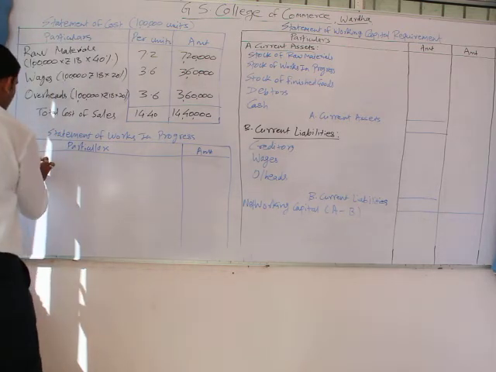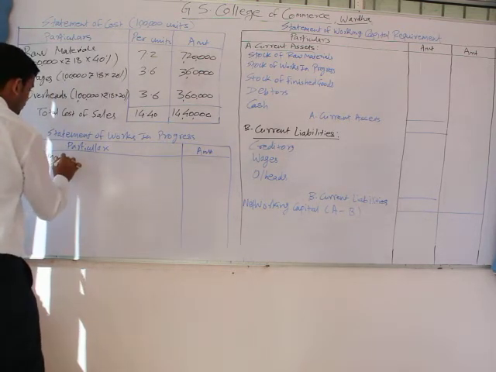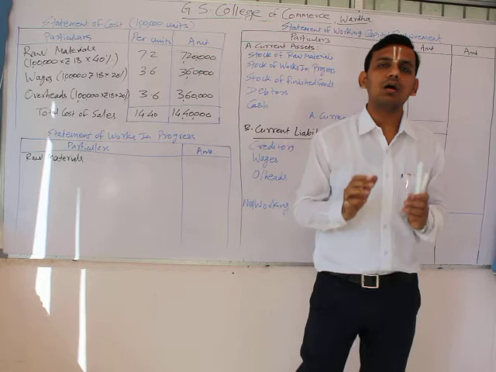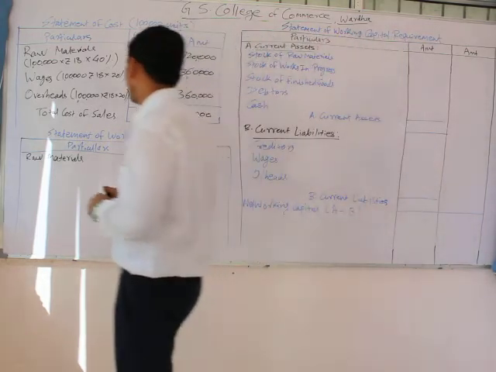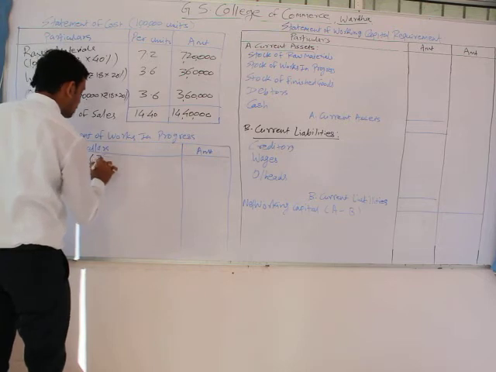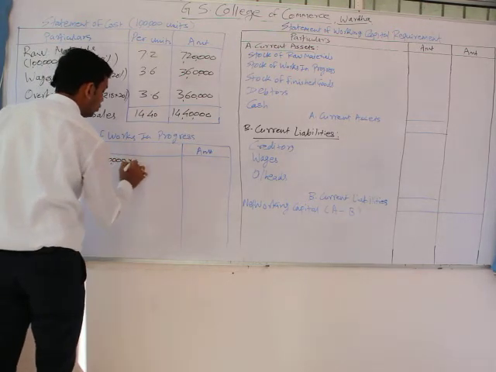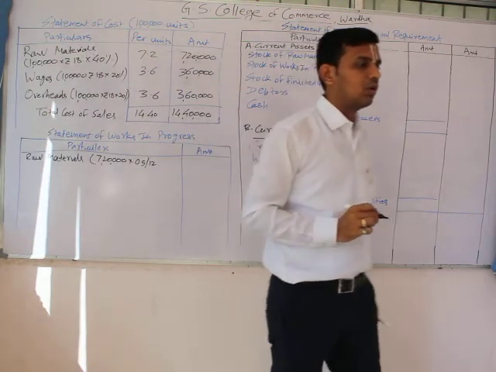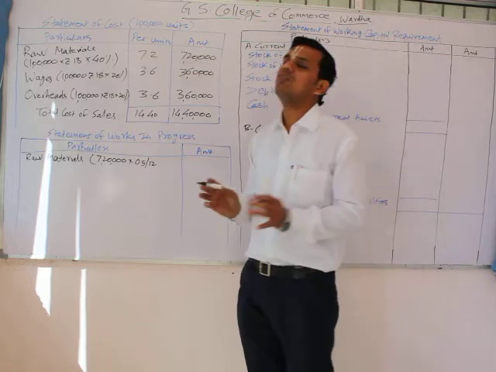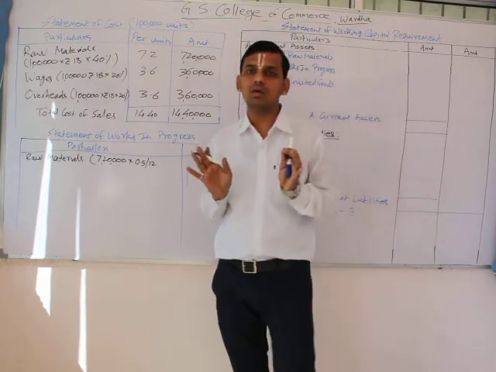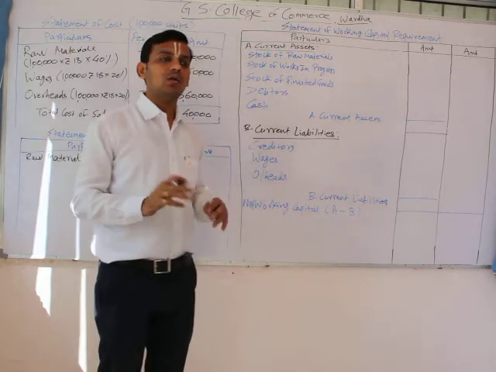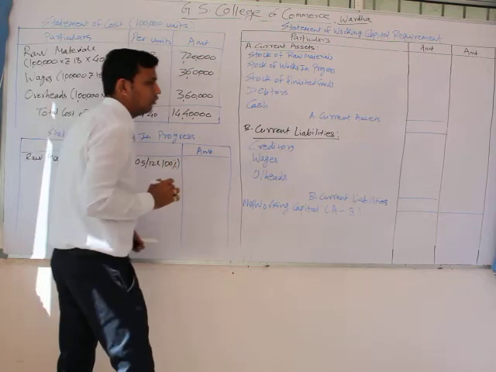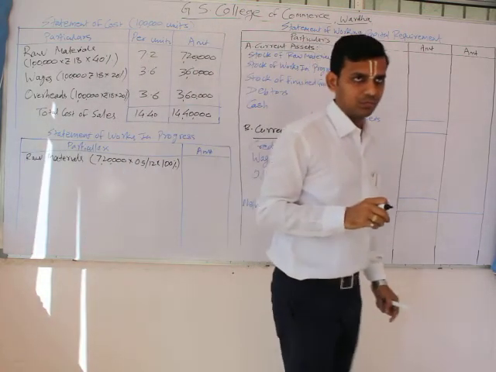First of all we will take raw material. The raw material is with us for half a month in works in progress. So the amount of raw material is 7,20,000 into half month, 0.5 divided by 12. As the information related to the completion stage is not given, it is usually assumed that we have used 100% of raw material in the production process.